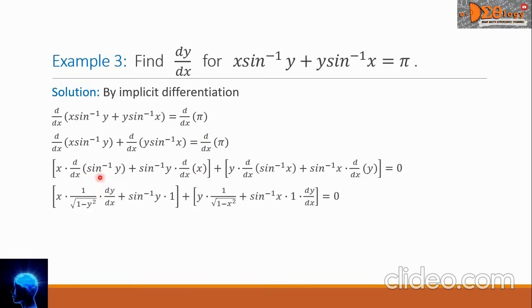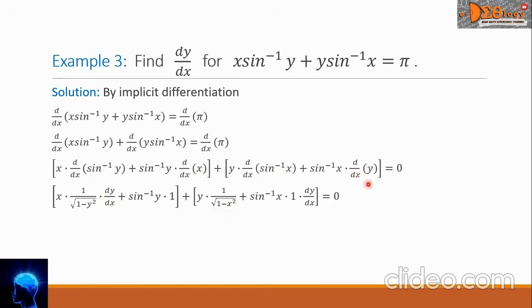So derivative of sine inverse of y is now 1 all over the square root of the quantity 1 minus y squared times dy over dx. Derivative of x is 1. Derivative of sine inverse x is 1 all over the square root of the quantity 1 minus x squared.